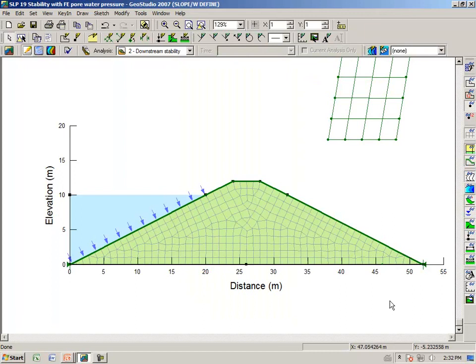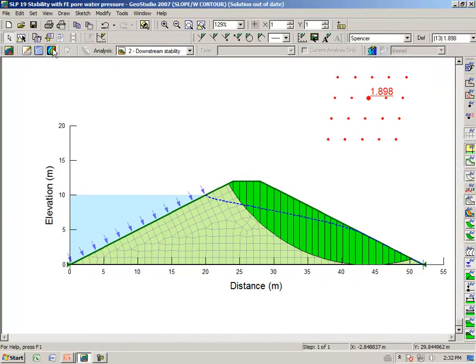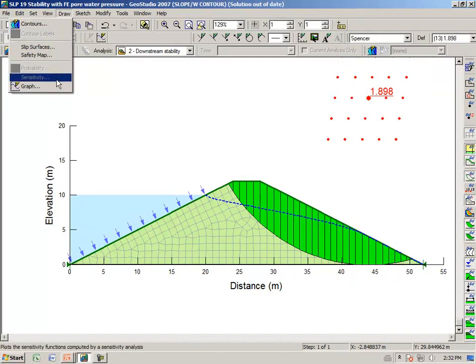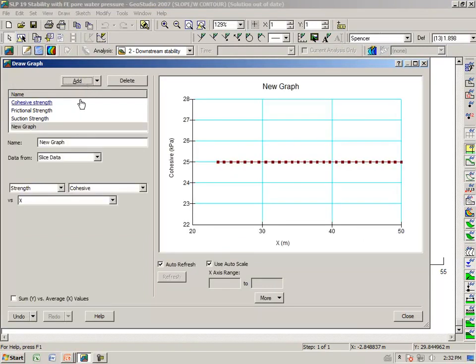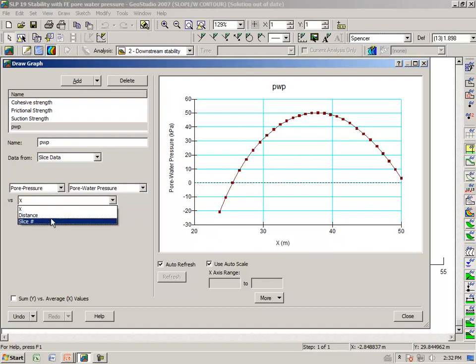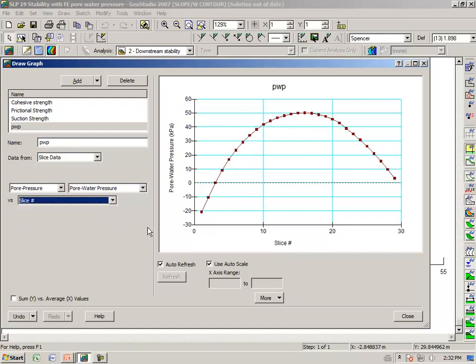We can now go to the results view, and once again say draw a graph of pore water pressure. Let's add a new graph here called pore water pressure, and pore pressure from slice number, and you see here now that we have some negative pore pressure and some positive pore pressure.